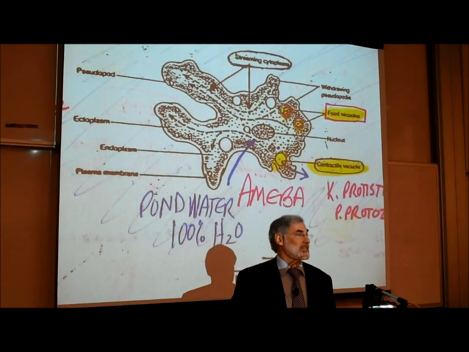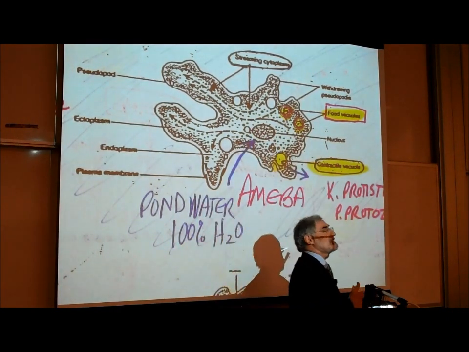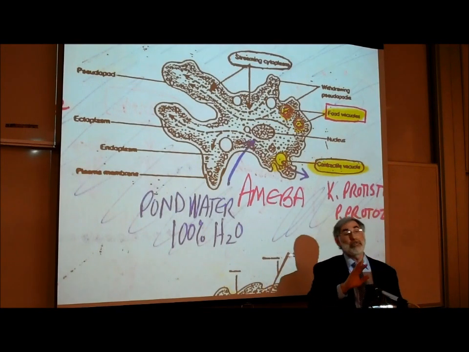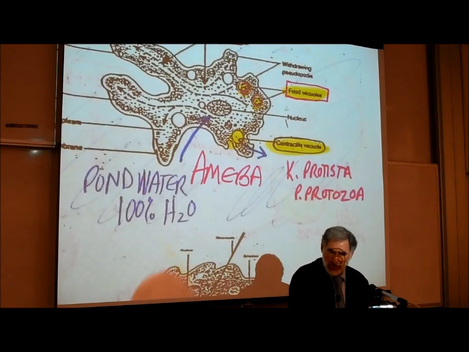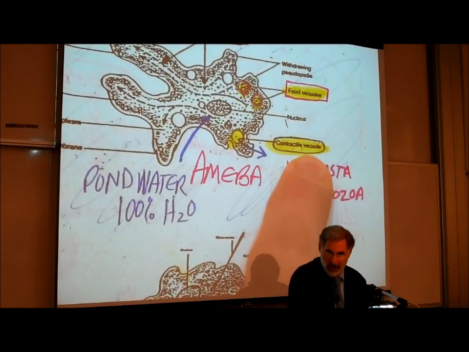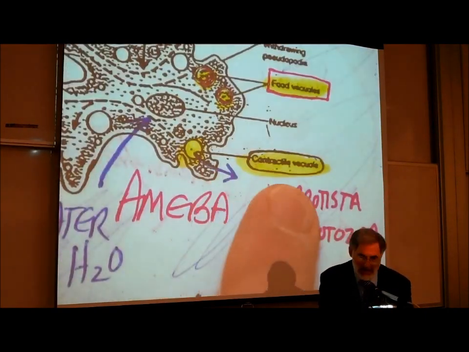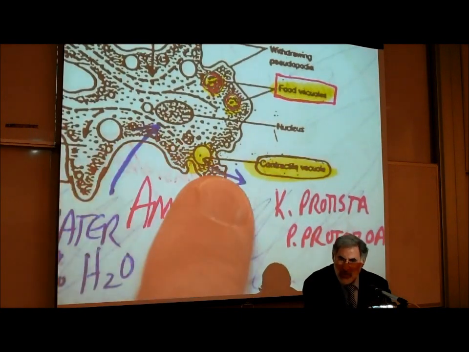Now, this is called osmosis. And as the water flows in, if something doesn't compensate for this, the amoeba would just swell up and burst, but it doesn't burst. Why doesn't it burst? There is a special structure labeled right here called a contractile vacuole. And a contractile vacuole is a vacuolar sac that actually stores water.